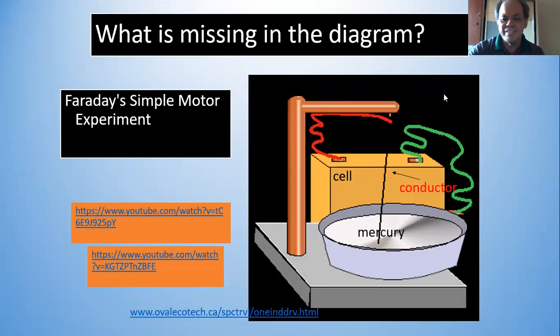What is missing here? Anyone? That's your mercury. That's your conductor. What is missing? It's called Faraday's simple motor experiment. The coil. What coil are you talking about?